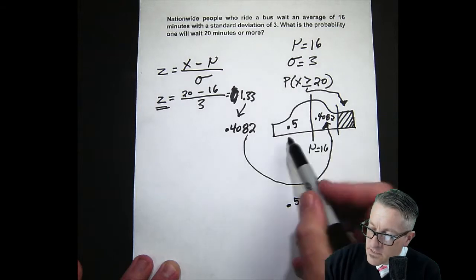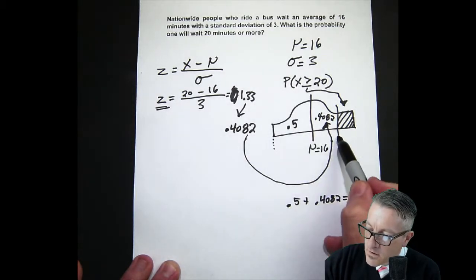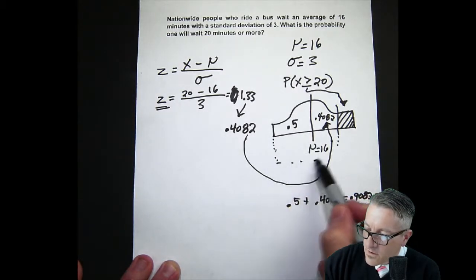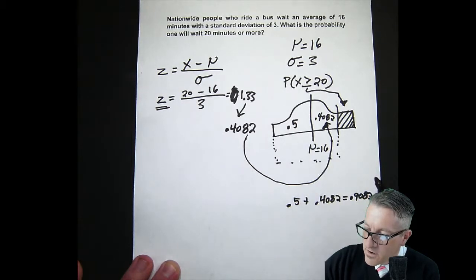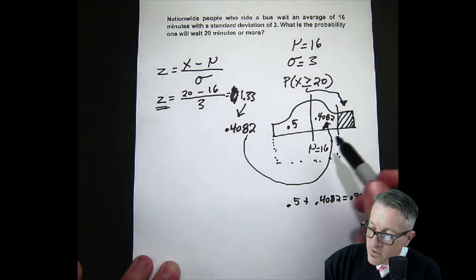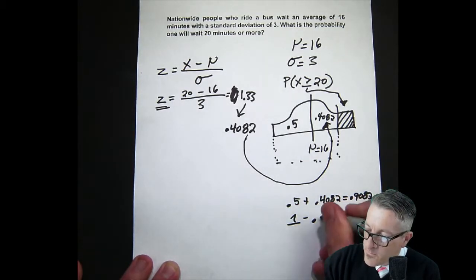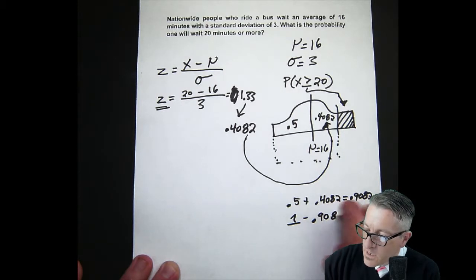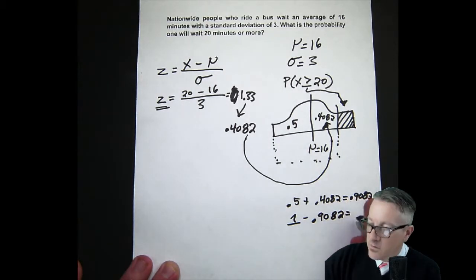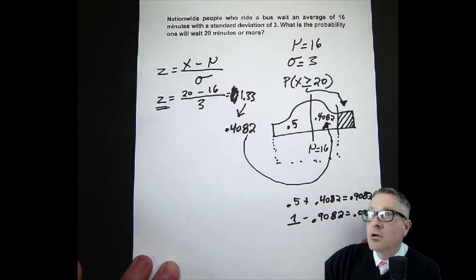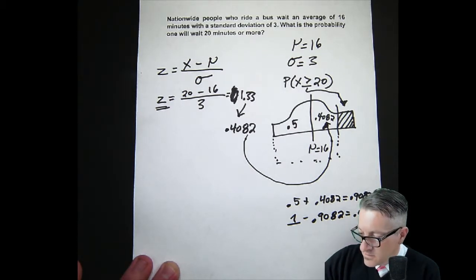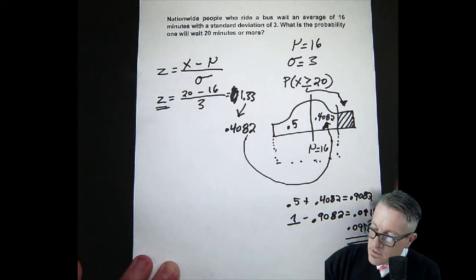Now we've solved the probability for this area right here, but that's not exactly what we want. We want the other part. So all we have to do is take 1 minus 0.9082, and we end up with a small figure, which is 0.0918. It's a little hard to see that 9. 0.0918. And that is our area right here.